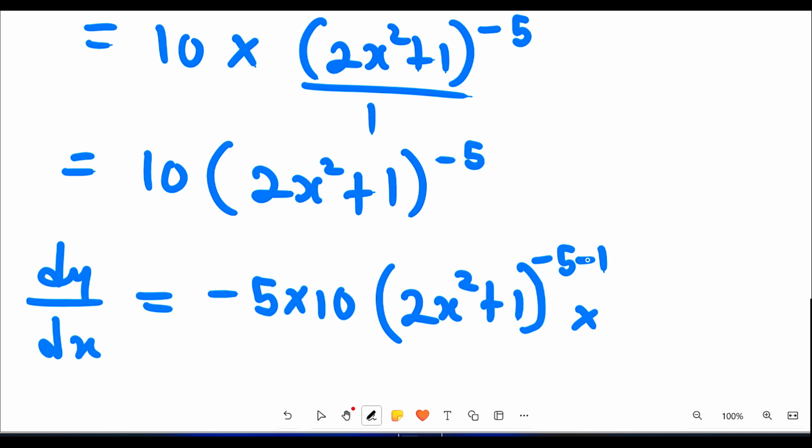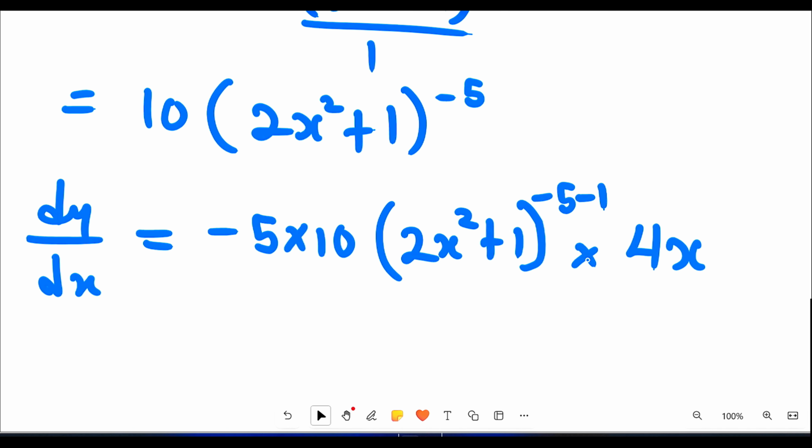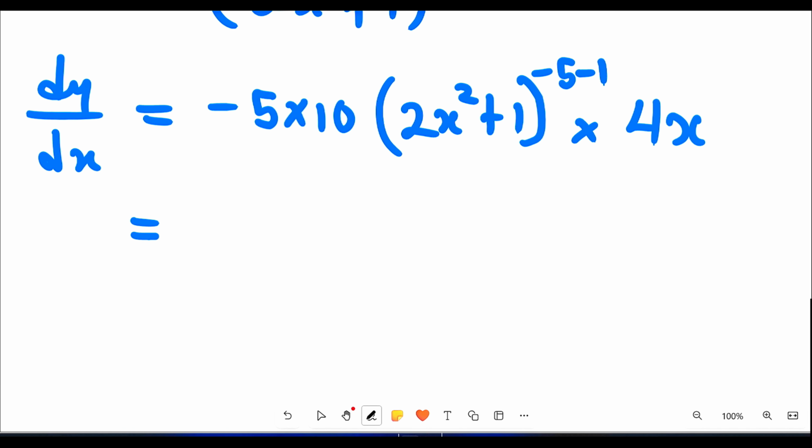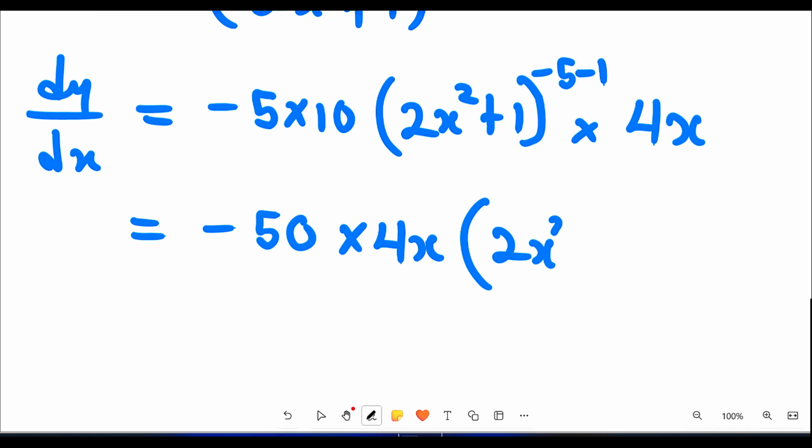Then everything multiplying the derivative of the expression in the bracket. So when you differentiate 2x squared plus 1, you're getting 4x. All right. So now simply we are going to get negative 50 times 4x multiplying (2x squared plus 1) in bracket having an exponent of negative 6.